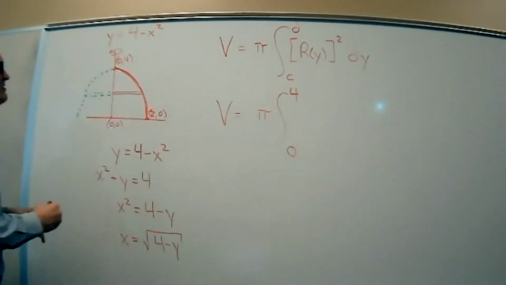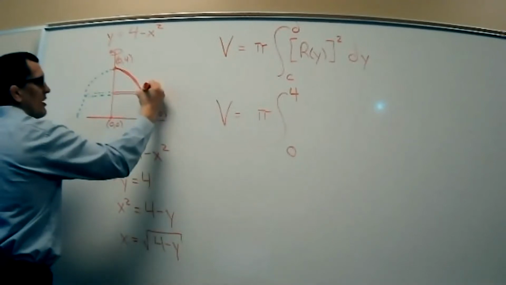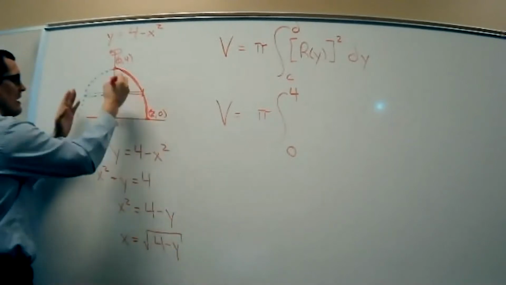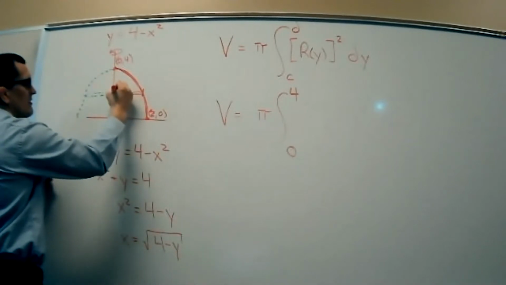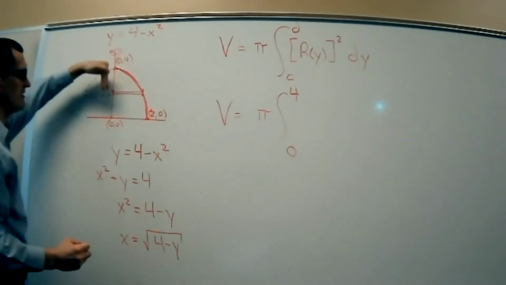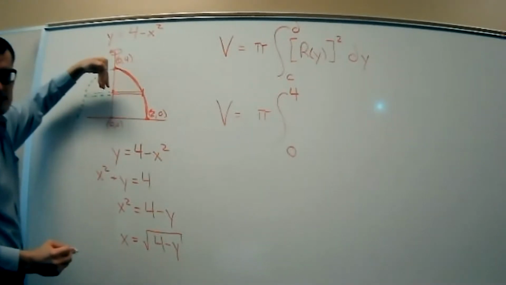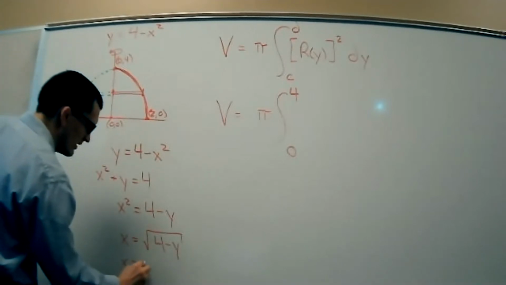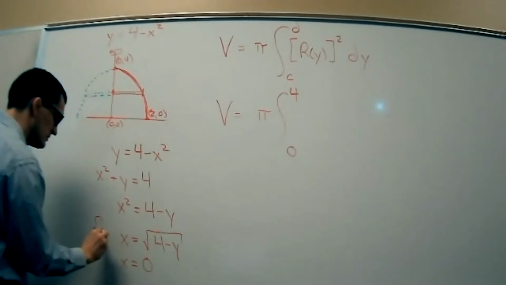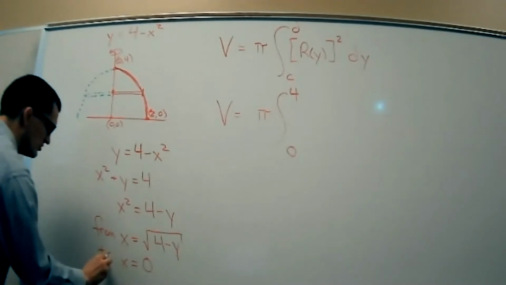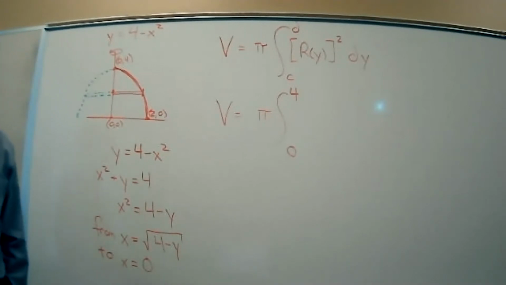Now, that's just the right-hand side of the rectangle. The other side of the rectangle is the line x equals 0. It's the y-axis. The y-axis is the line x equals 0. So we're going from x equals the square root of 4 minus y to x equals 0.